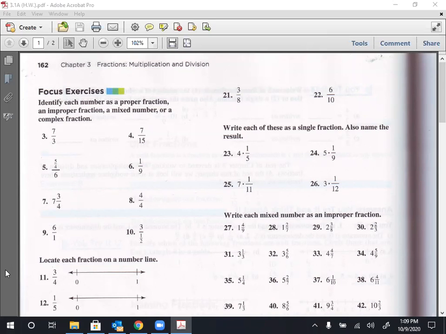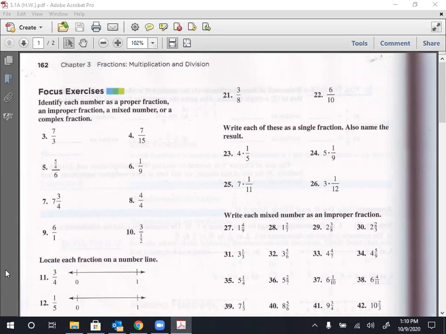The whole number here is 4, okay? You're going to multiply the bottom of the fraction by the whole number. And then you're going to add the numerator, the top. And once you do that, you write the result over the denominator.